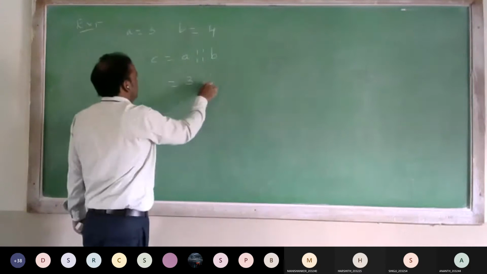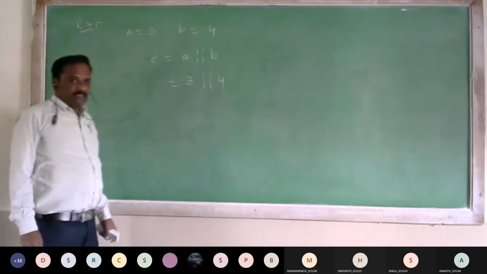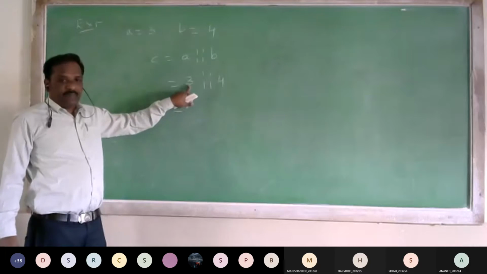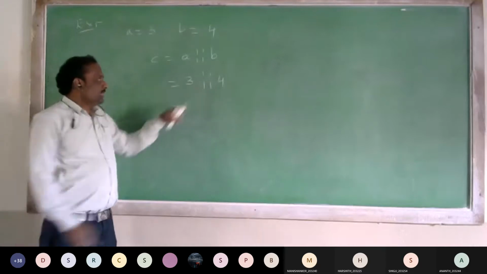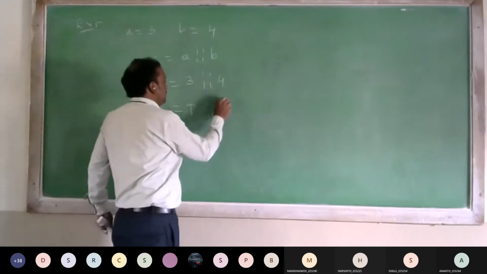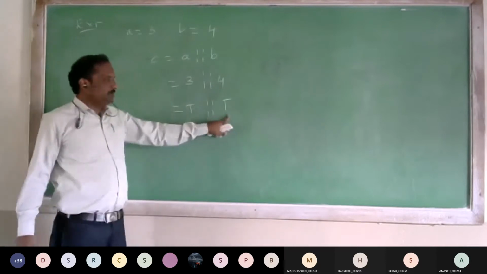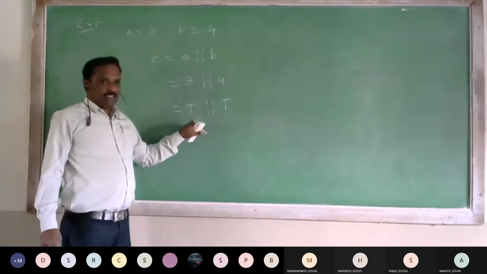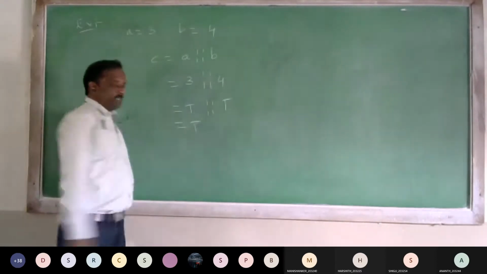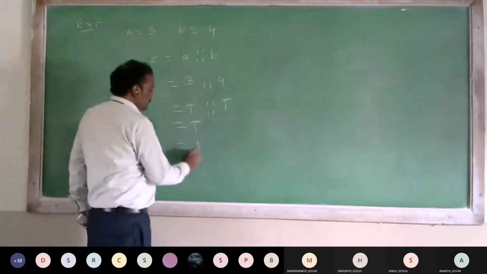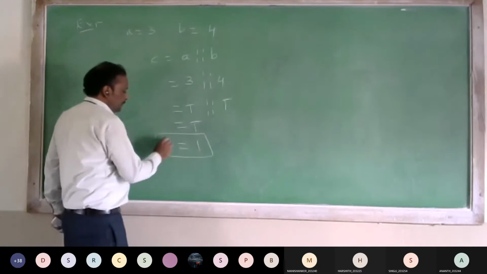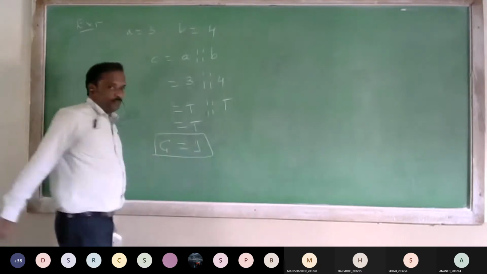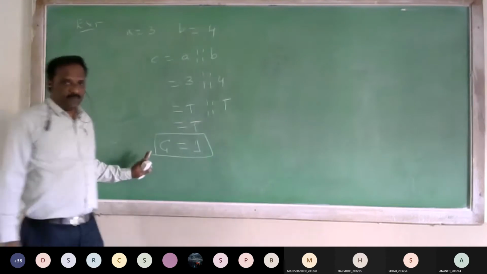A value is 3. What is the B value? B value I have taken as 4. Any value other than 0 is called a true value. Now, true or true. According to the truth table, when any one of the variables is true, the result is true. So, what is the true value? The computer gives it as integer value 1.